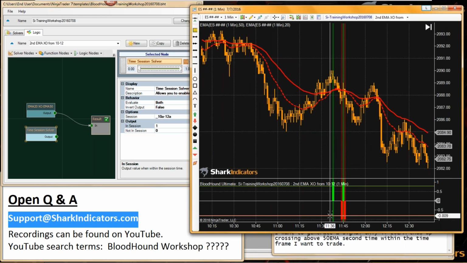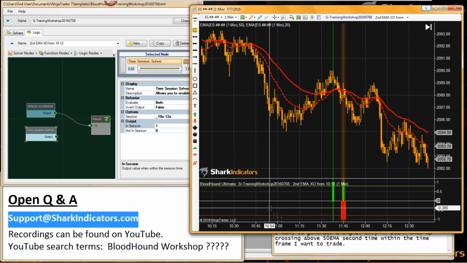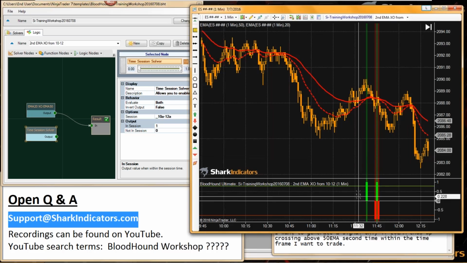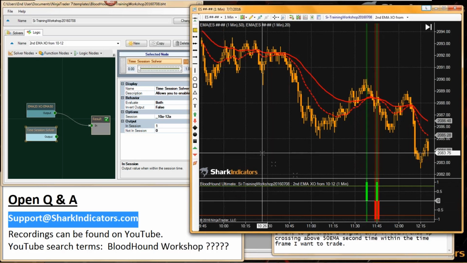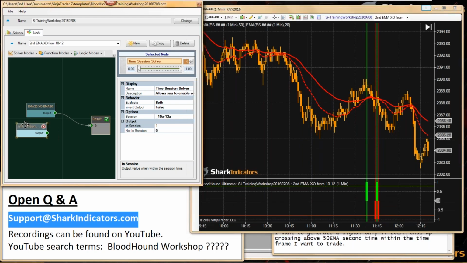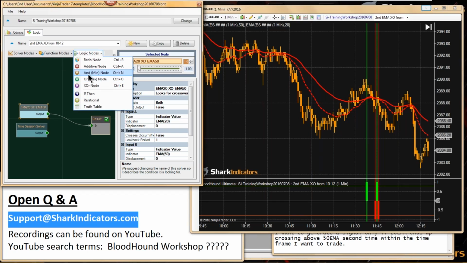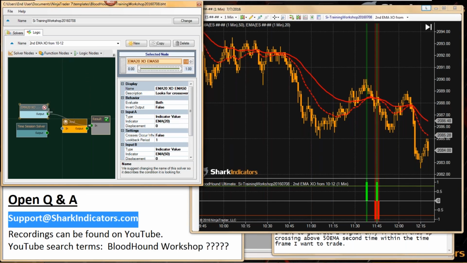However, you'll notice that these crossovers are outside of our session here, outside of our 2-hour time block. So remember, it's 10 o'clock on my time zone. So these crossover signals will get eliminated once we join these two together. So let's do that. Next, we'll grab an AND node.